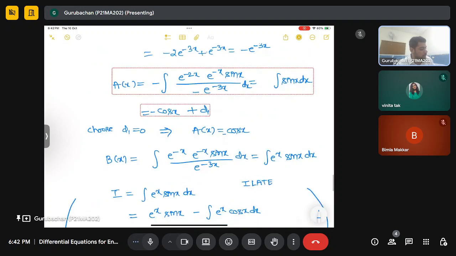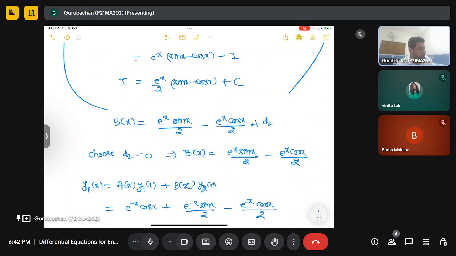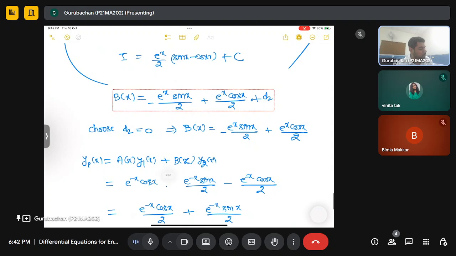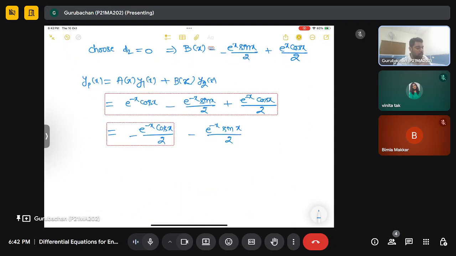In the same way, this will be your minus, minus, minus. Here there is no minus, so just outside. So this will be minus plus, minus plus. This will be minus plus. This will be minus minus. So we got our y_p with the help of variation of parameters.